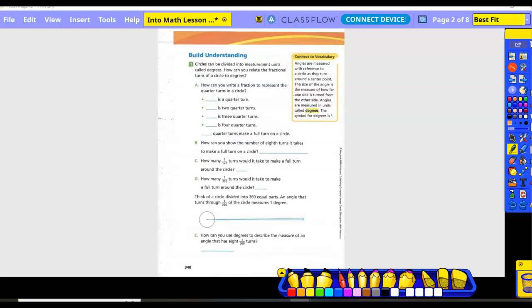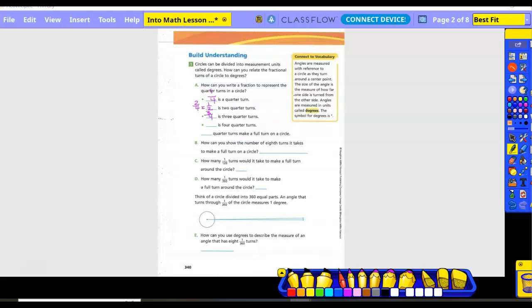Okay, so how can you write a fraction to represent quarter turns in a circle? What would 1/4 be represented as a fraction? 1/4. Okay. What is 2/4 of a turn? 2/4 or 1/2, right? 3/4 of a turn is what? 3/4.